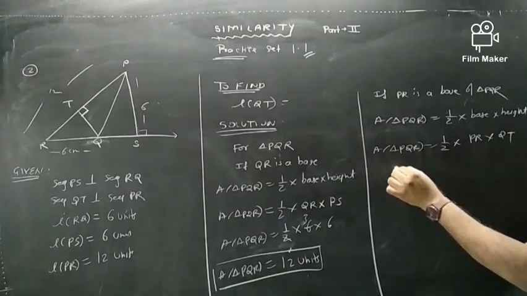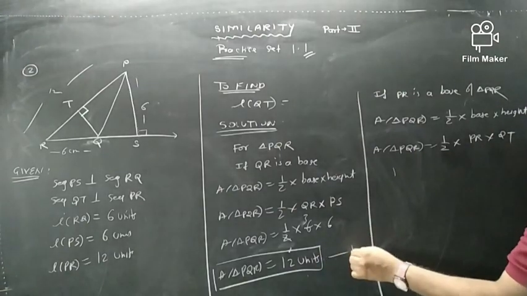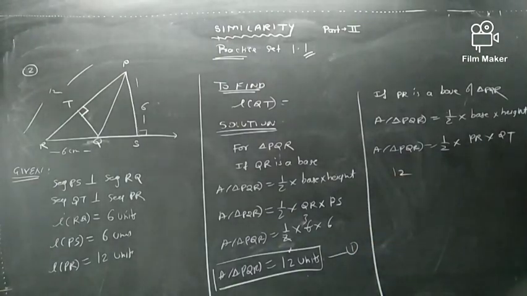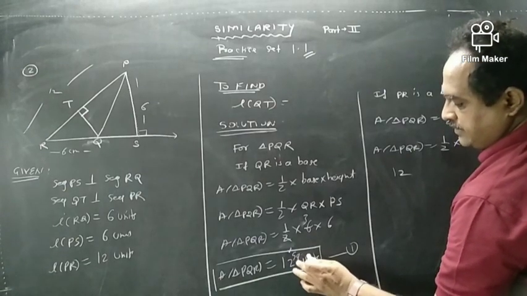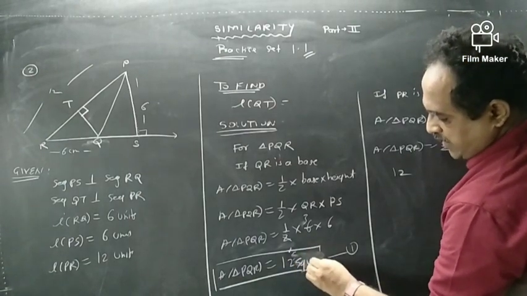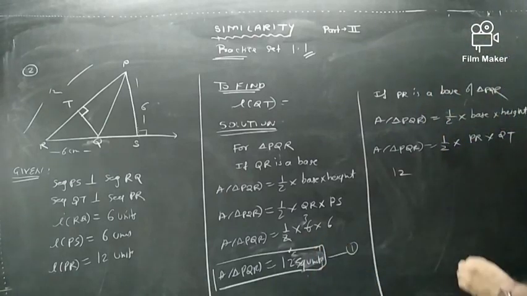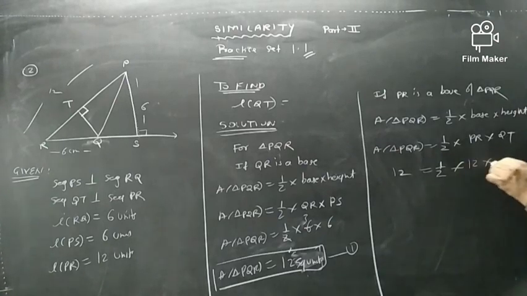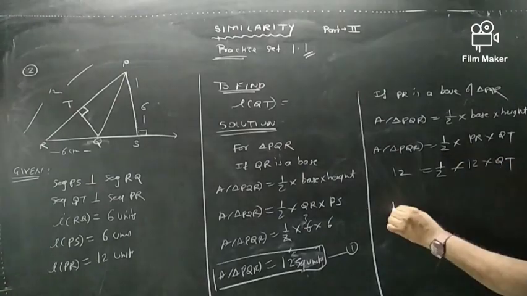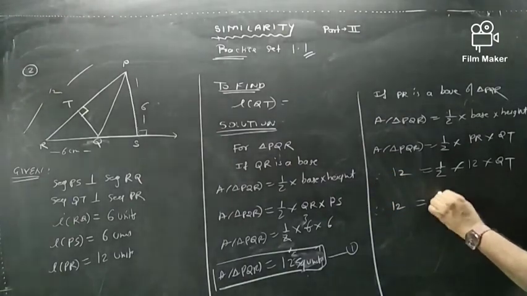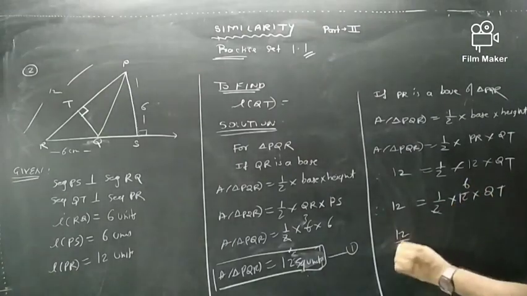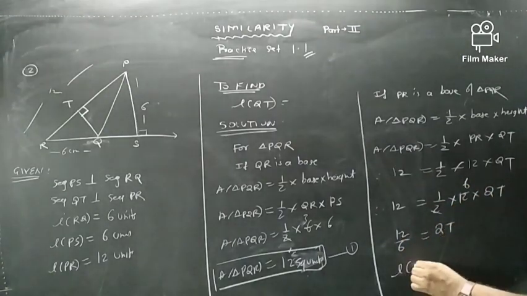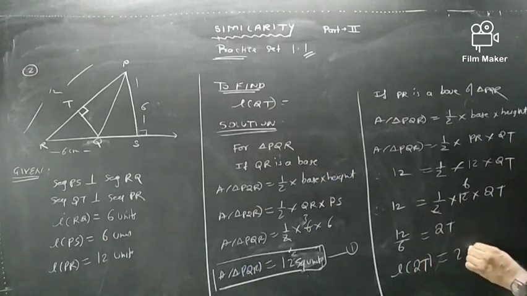Now this value we can take, that is 18 square units. So 18 is equal to half into, do you have the value of PR? It is 12, into QT. So 18 is equal to half into 12 into QT. You cancel this, 18 upon 6 is equal to QT, or QT is equal to 3 units.